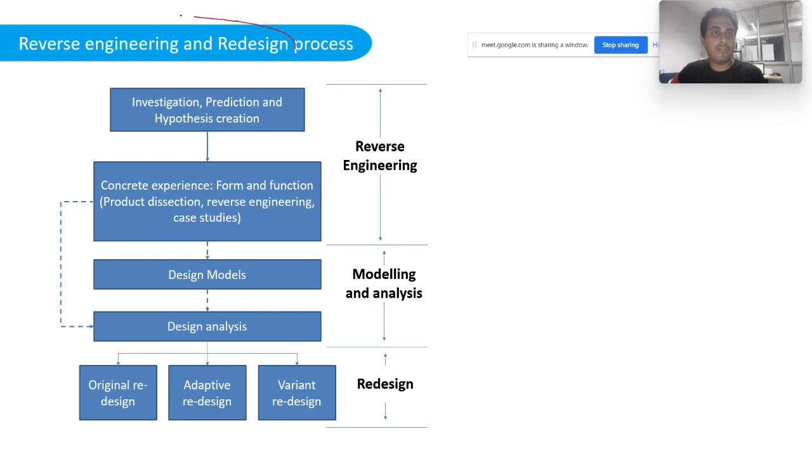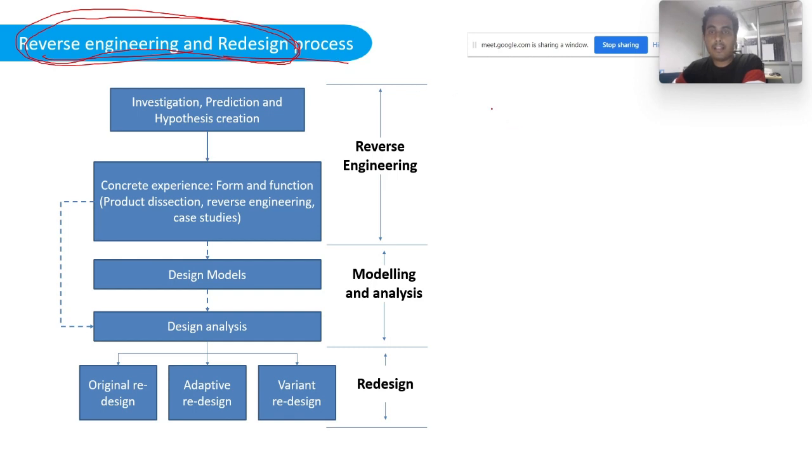So next is the reverse engineering and redesign process. Generally we do this together whenever we face a certain issue with a previous product, or we do not have a clue about certain technology. Then we do reverse engineering as well as redesigning.